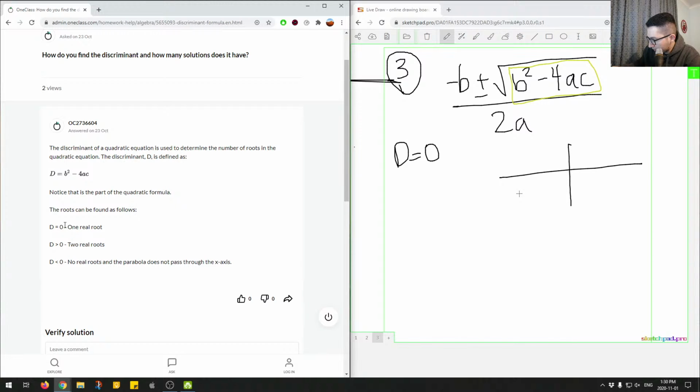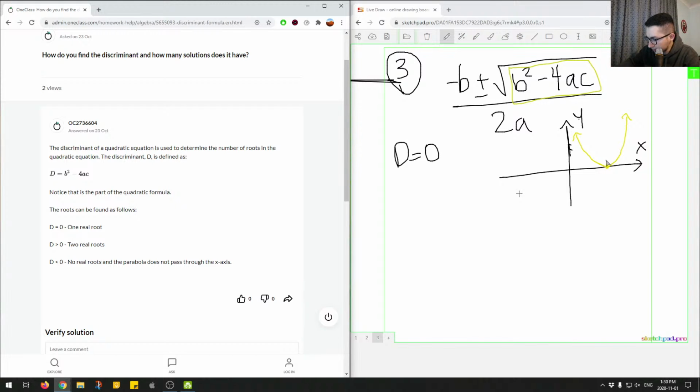We'd have an x and y axis, and then let's use a different color. It would be something like this, and the parabola would just be touching. The solutions or roots are wherever the function crosses the x-axis, and here it's only in one place. That's why you have one real root.